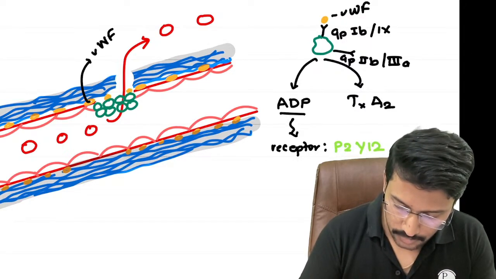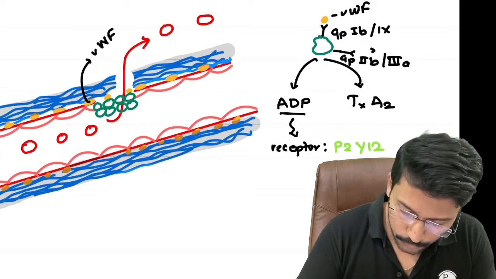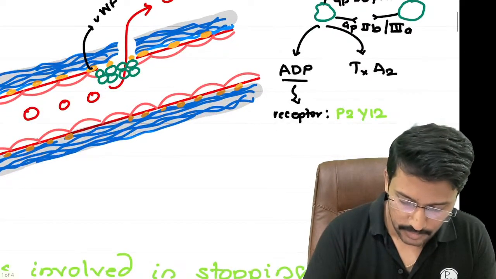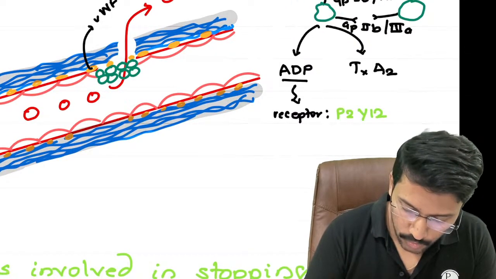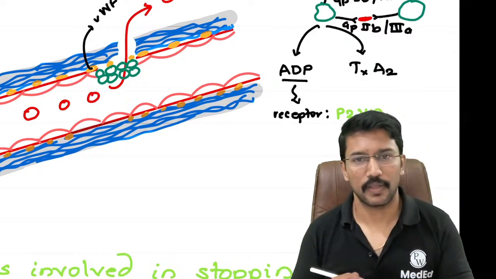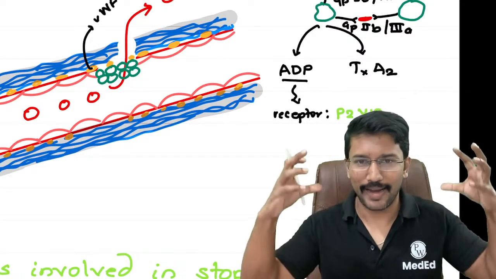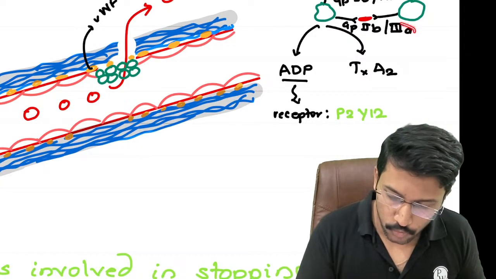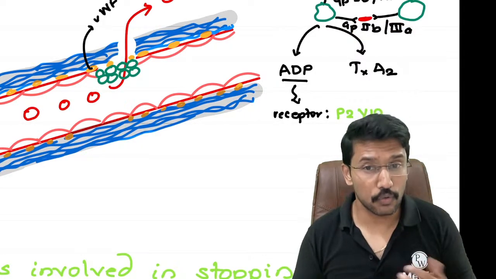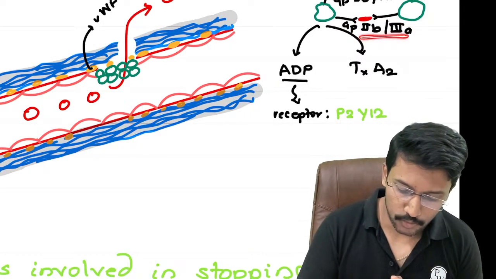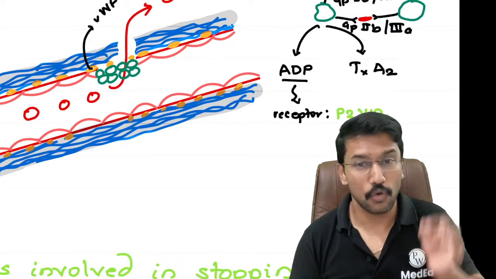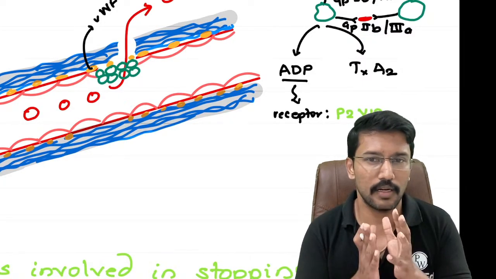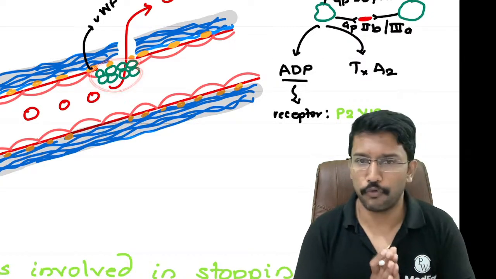This receptor will facilitate binding of another platelet to the existing platelet, interpositioned by a small molecule of fibrin. So a fibrin molecule and two platelets attach with the help of this glycoprotein 2b3a. There are also drugs which can inhibit glycoprotein 2b3a. All these agents are going to act as antiplatelets because they are inhibiting platelet plug formation, right?